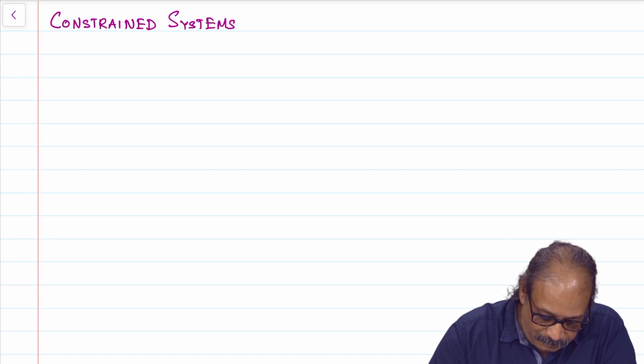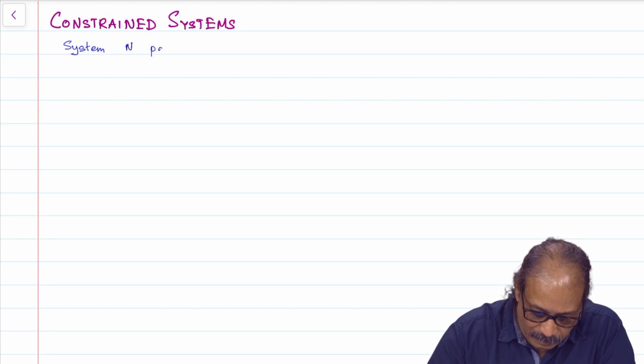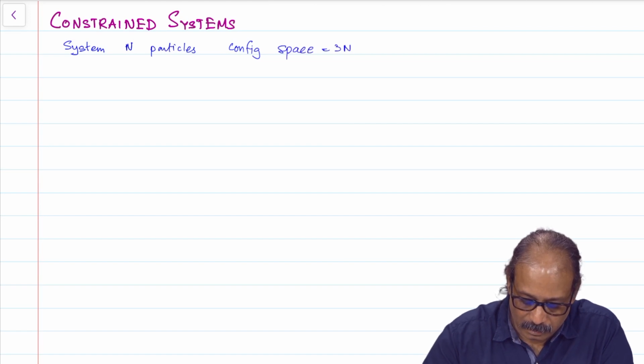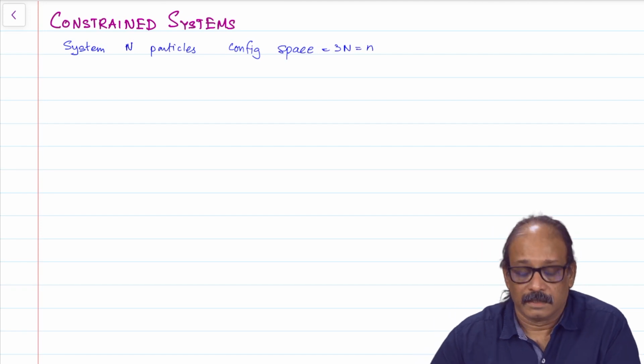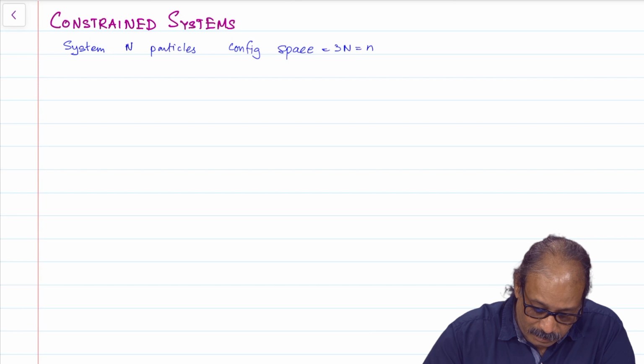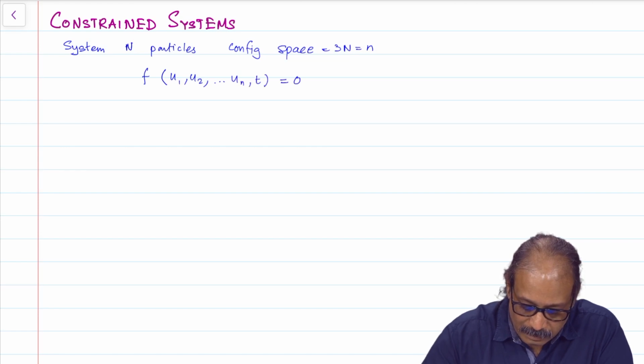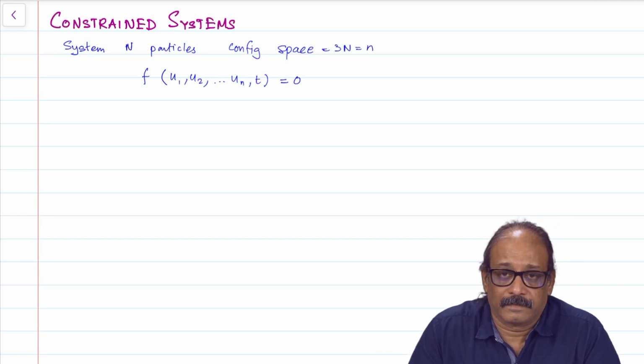So, if we have a system with n particles, with configuration space which is 3n dimensional, or the later we have been using is small n, what we have in the form of a constraint is an equation which is a function of the coordinates and probably time t, and this is what we call a holonomic constraint.